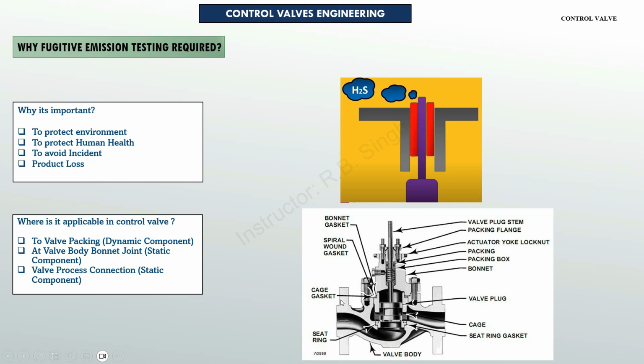Normally here we can avoid media leakage by tightening and using a gasket, so we do not require fugitive emission testing here. But here we require it, because it is the dynamic component.